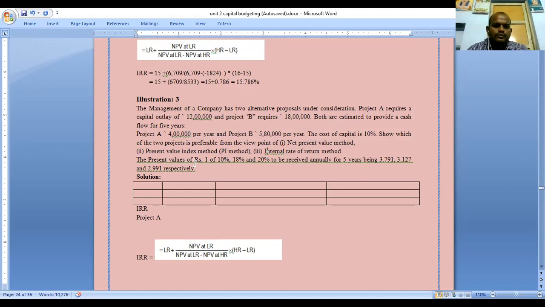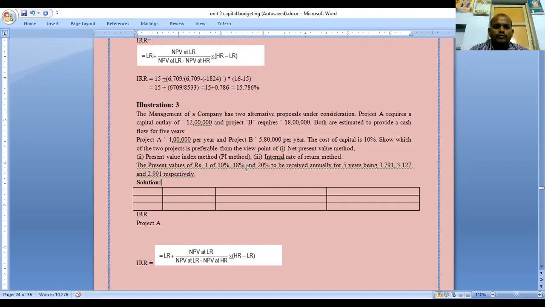The present values of rupees 1 at 10%, 18% and 20% to be received annually for 5 years are given; these are the present value of annuity factors of the respective costs of capital.